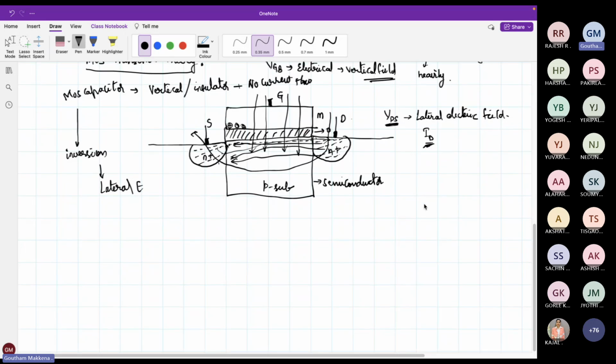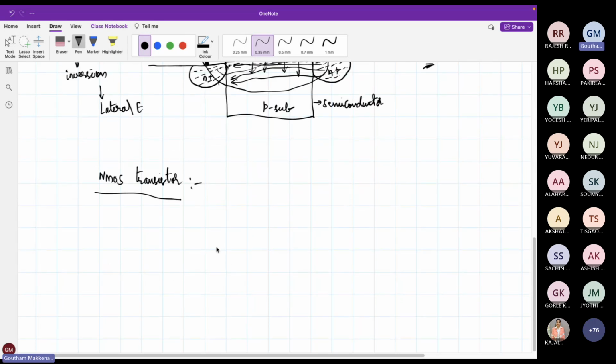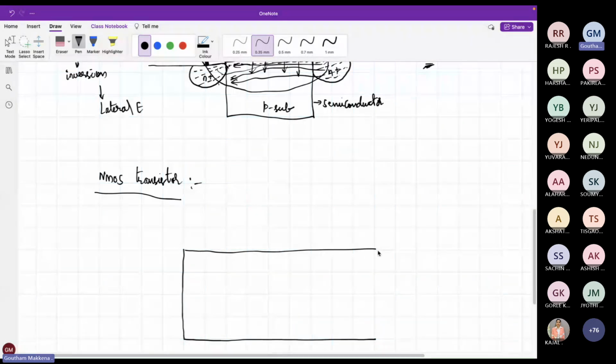Let me redraw it again. The NMOS transistor. What do I have? I have a substrate. What type of substrate do I have, P or N?